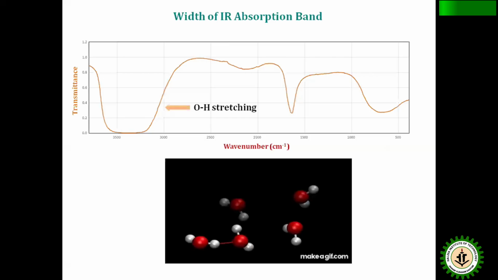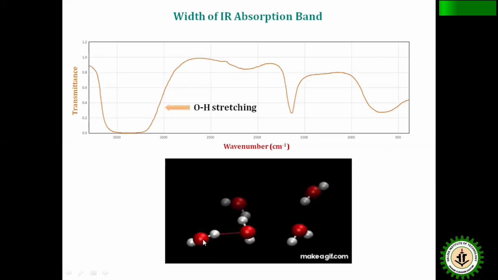Now, the width of the IR absorption band. This is the IR absorption spectrum of water. We can see that the OH stretching vibration appearing here is very much broad, and this is due to the presence of hydrogen bonding within water, as shown here. Now, for water and for other alcohols, these molecules are intermolecularly hydrogen bonded, and as a result, this OH bond distance varies.